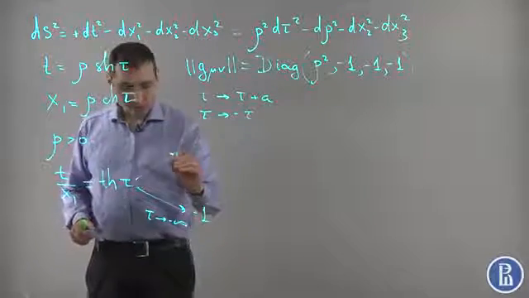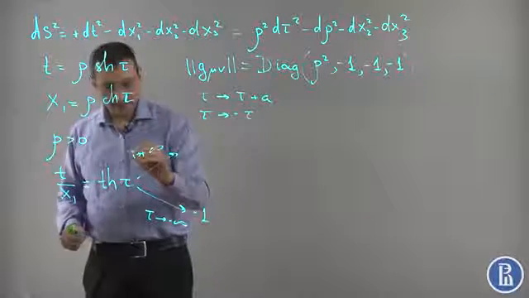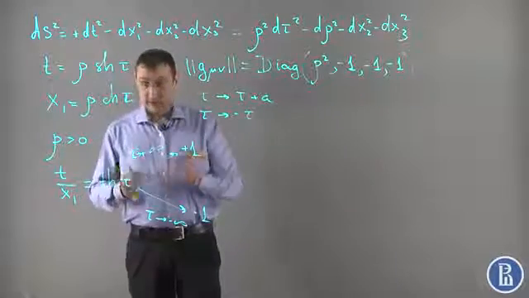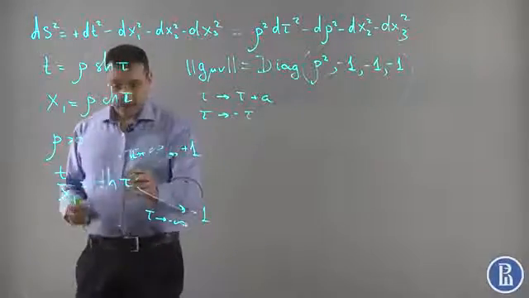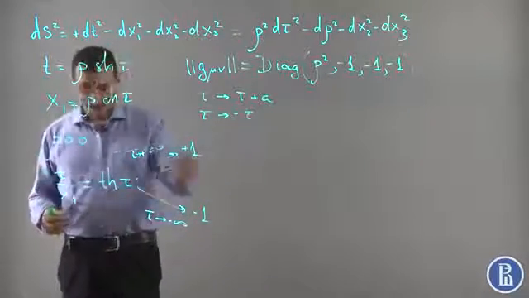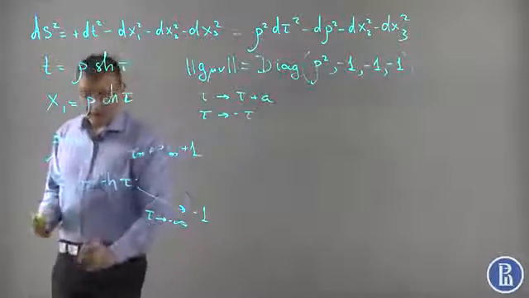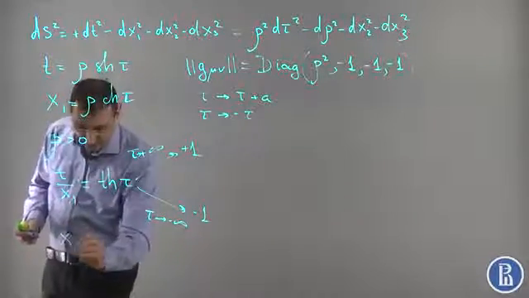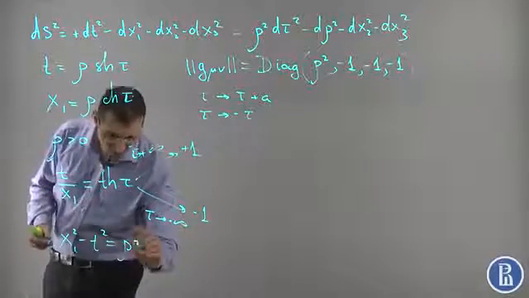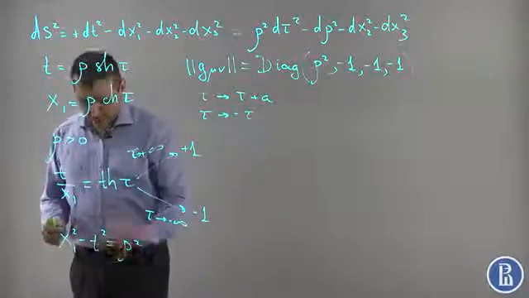As tau goes to plus infinity, this goes to plus 1. So the constant tau lines are just straight lines passing through the origin in the coordinate system t and x1. And at the same time, one can see that x1 squared minus t squared is just rho squared, and the constant rho lines are just hyperbolas.